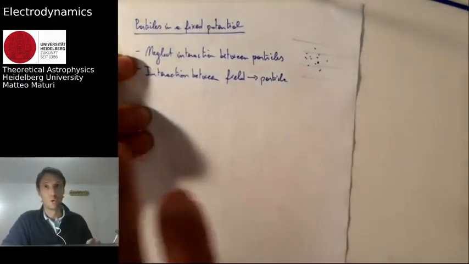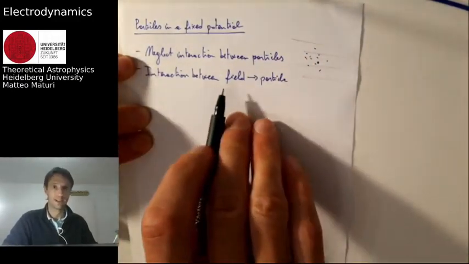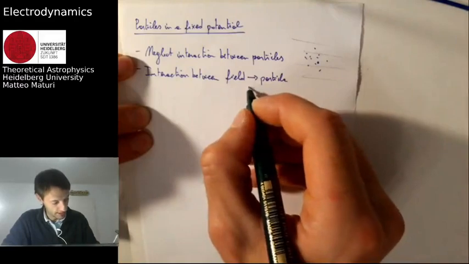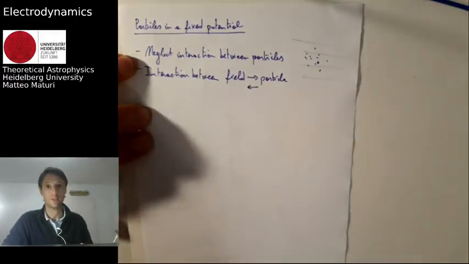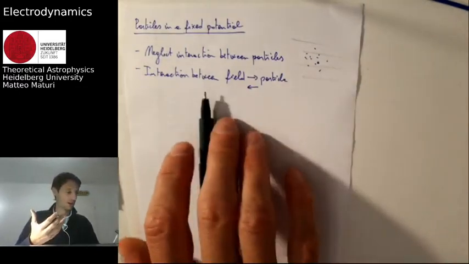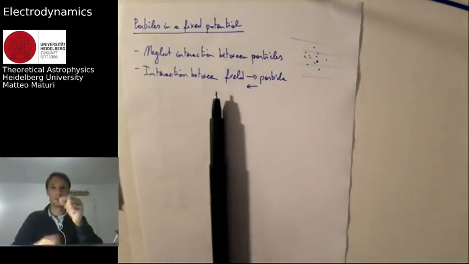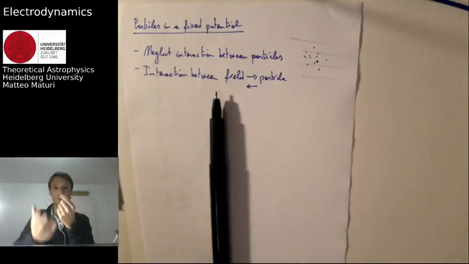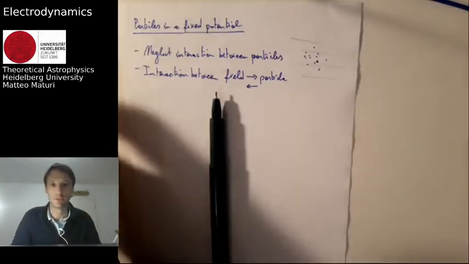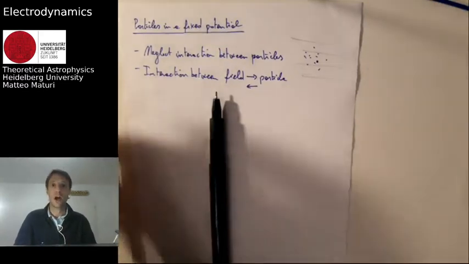So I am going to look how the field is going to affect the dynamics of the particle, but I'm going to neglect the effect of the particle on the field. Because again, think, if you have a magnetic field and you are plugging in a particle, this particle has its own electromagnetic field, right? Therefore, if we plug it somewhere, its contribution is going to add to the one of the surrounding fields, right? So I'm going to neglect that.